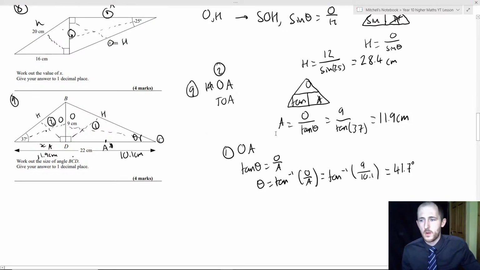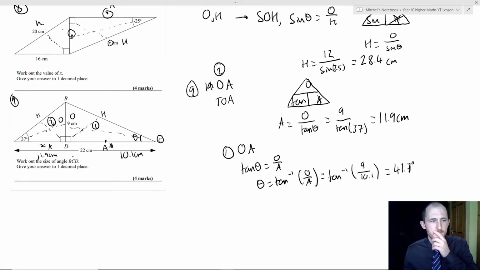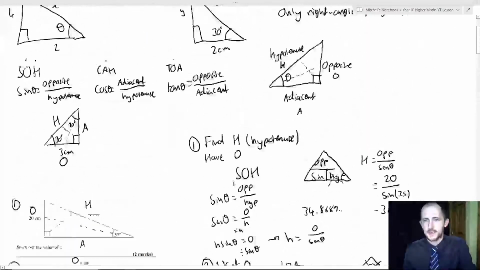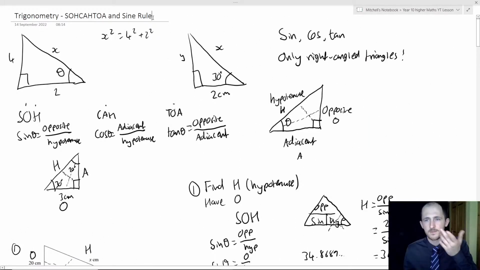So what we'll briefly start with today is something called the sine rule. Okay? Actually, we may want to come on to that tomorrow, just for the sake of time. So we'll start this with SOHCAHTOA, and save that as that. The reason is the sine rule might take a bit of time.